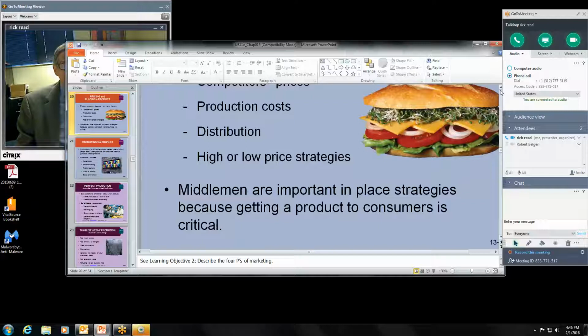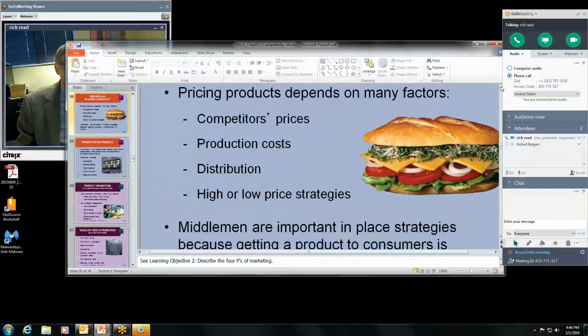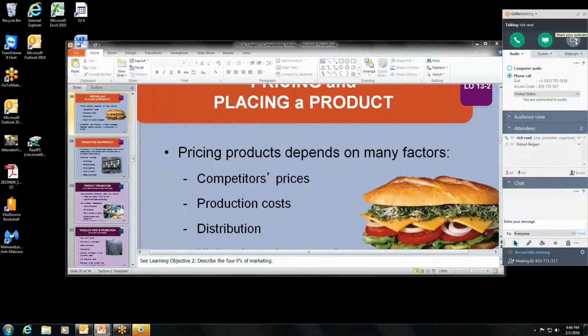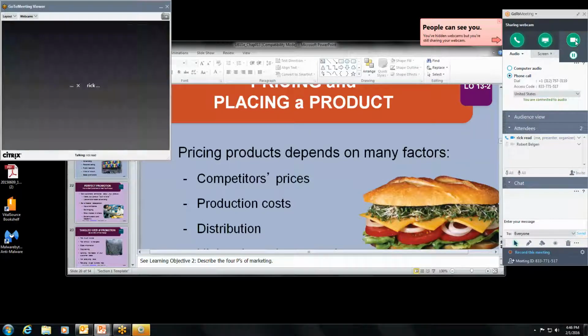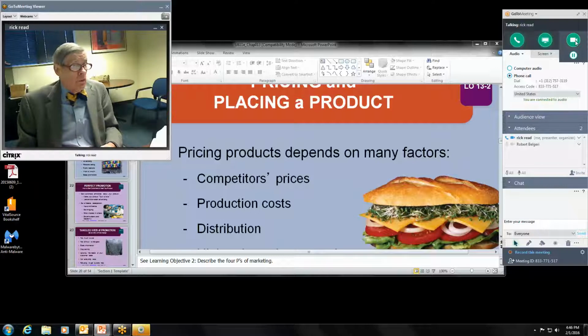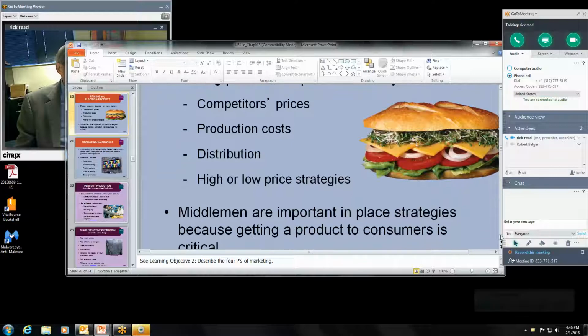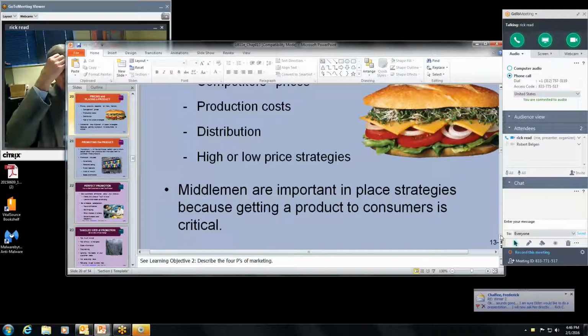These are the things that go into placing a product. And it also goes into pricing a product. We have to find out what our competitors are selling their product for, how much it costs us, what it costs us in distribution, what kind of pricing strategy we have, and then middlemen.